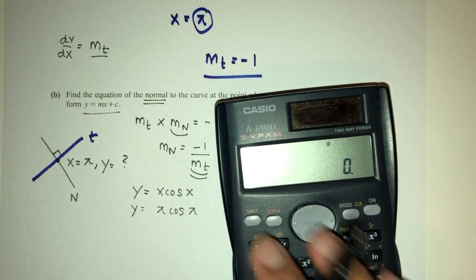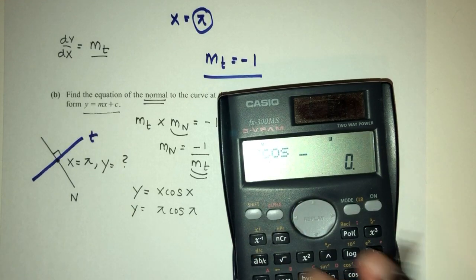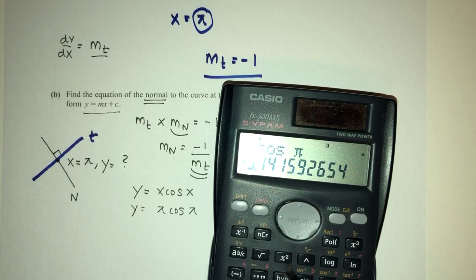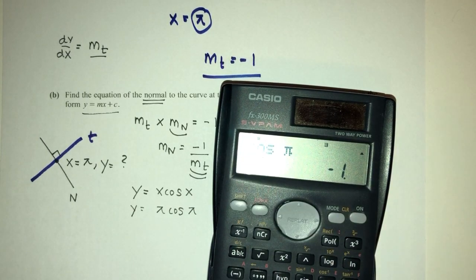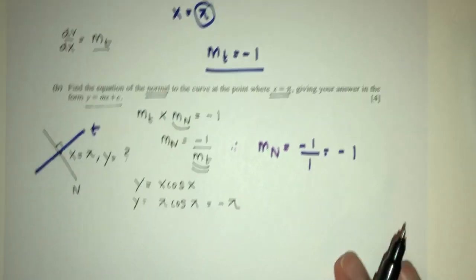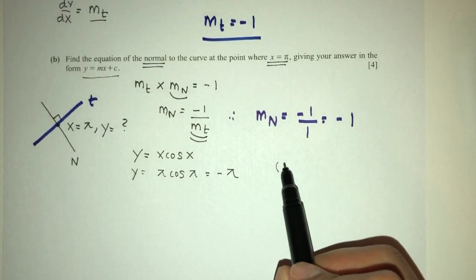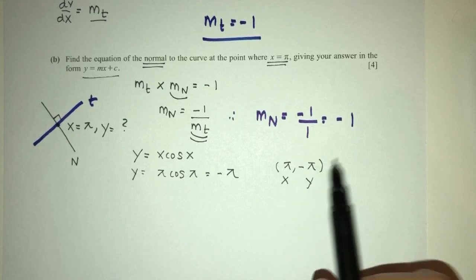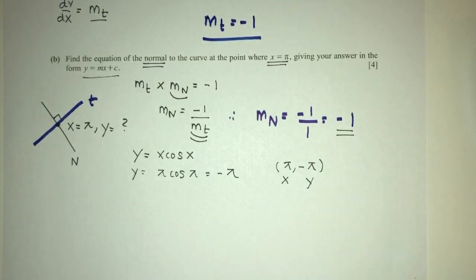Cos of pi is -1, times pi will be minus pi. So the passing point is (pi, minus pi). We have to use this and the gradient of the normal to find the equation.